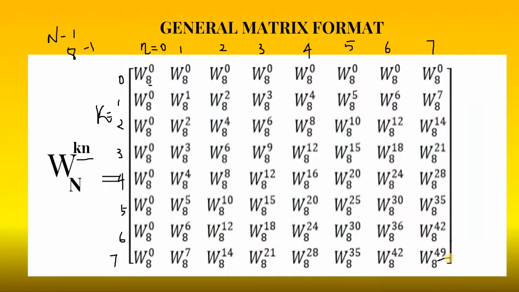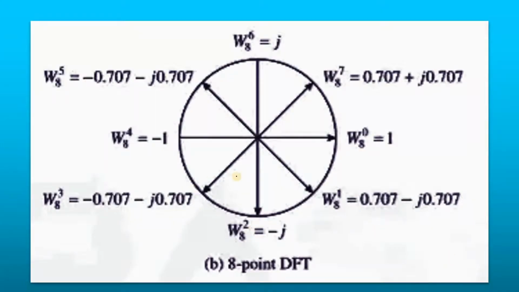Then just take 8 quadrants. Quadrant number 1, 2, 3, 4, 5, 6, 7 and 8. Okay, how do we get the values for these?